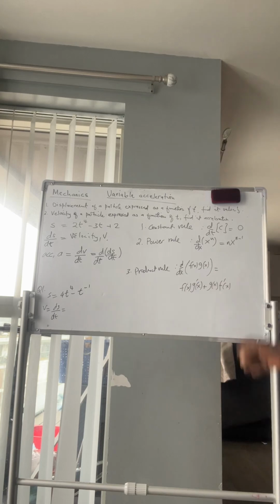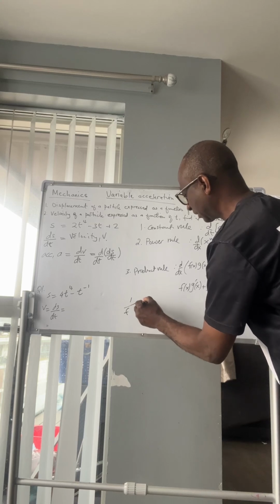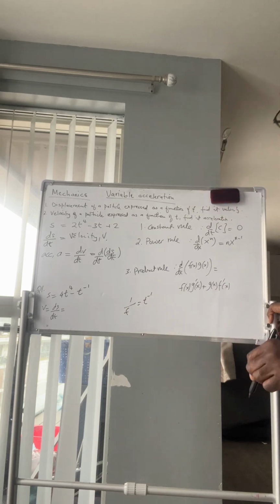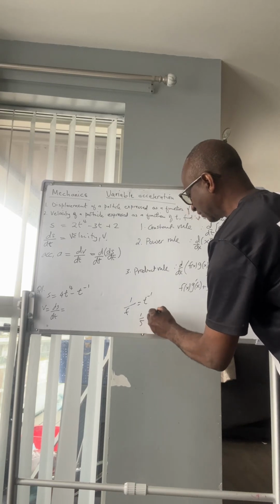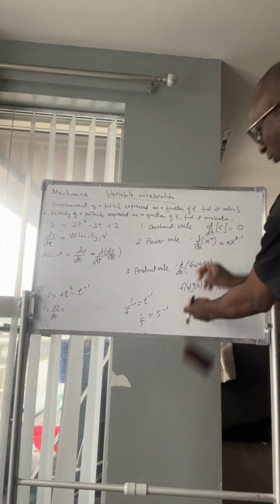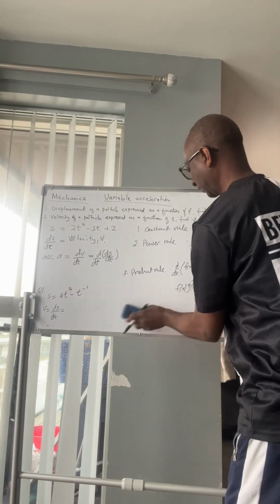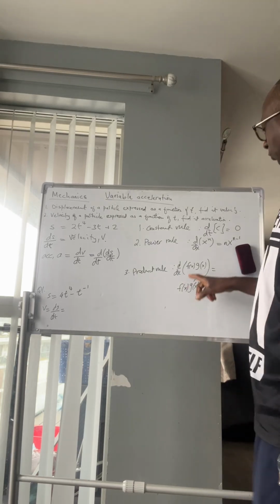We know this. 1 all over t is the same as t to the power of minus 1. 1 all over 5 is the same as 5 to the power of minus 1. We know this. So therefore, that is the case. We use the power rule.